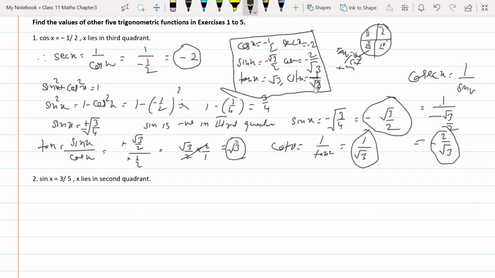Okay. Tangent and cotangent will be positive in the third quadrant.